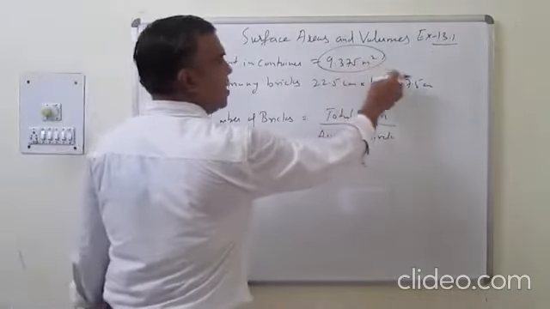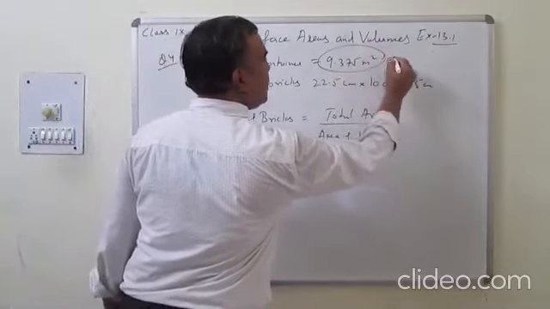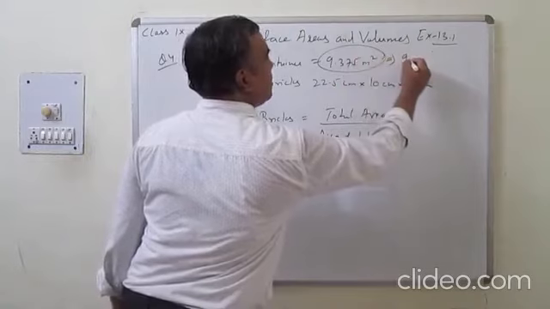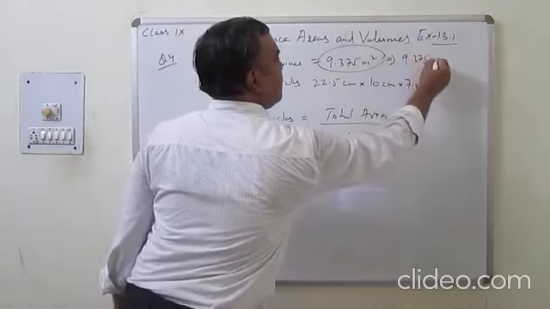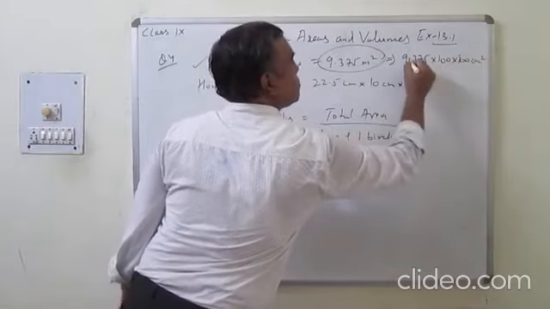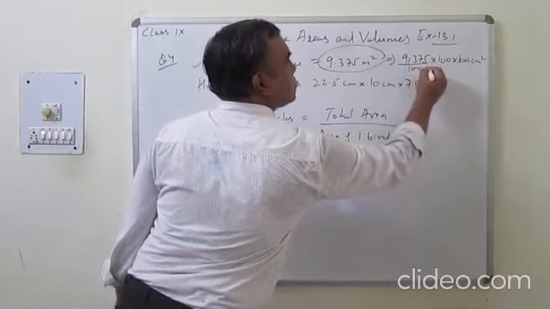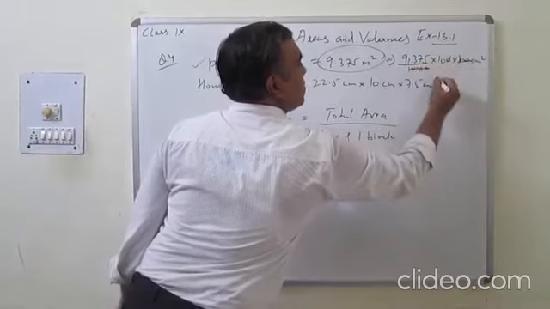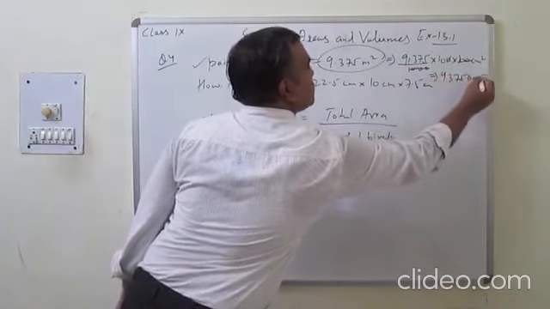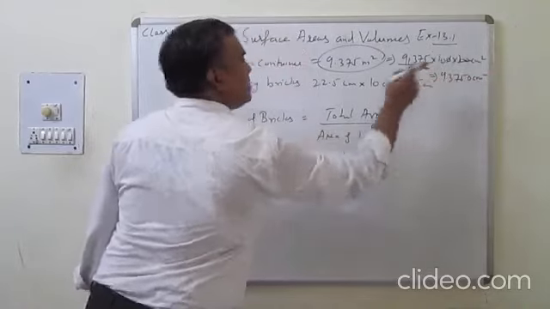Here it is meter square, here it is centimeter square. So convert it into centimeter by multiplying by 100 into 100, you will get 9.375 into 100 into 100, which is 93750 centimeter square. So the unit should be the same.